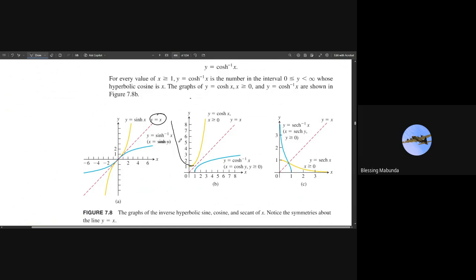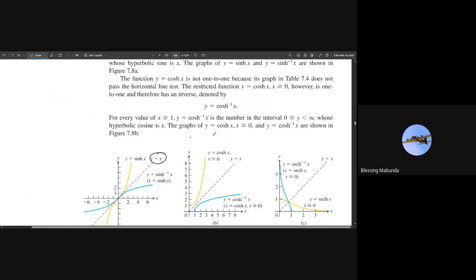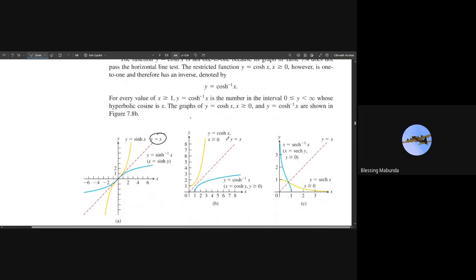If you apply the horizontal line test, you can see that we have more than one point of contact here. But we've put a restriction here so that we're only looking at cosh x with x greater than or equal to 0. Right, so that means that now it becomes one-to-one and has an inverse. Are you following?